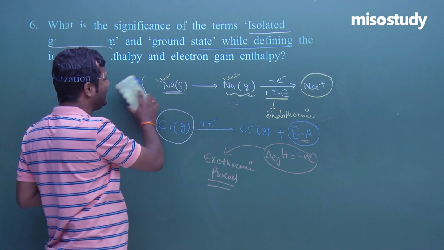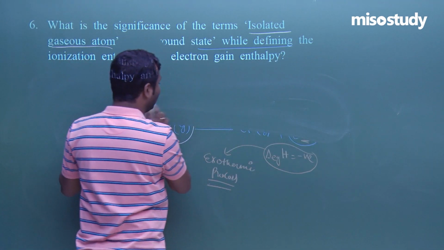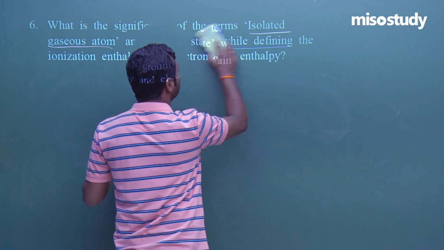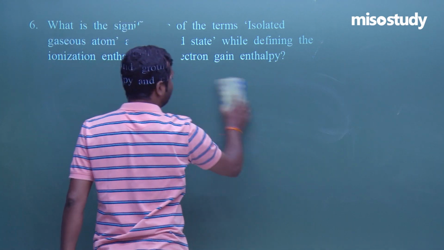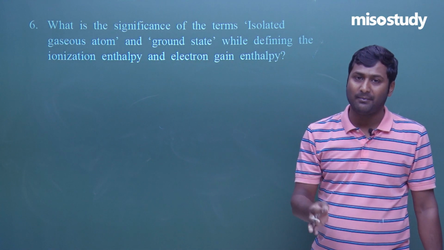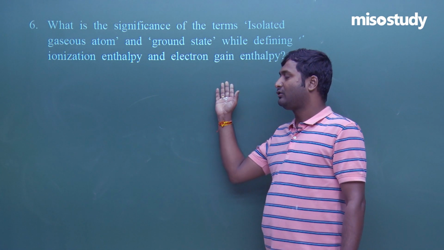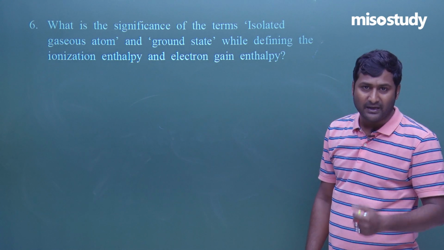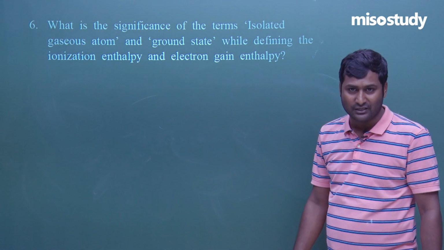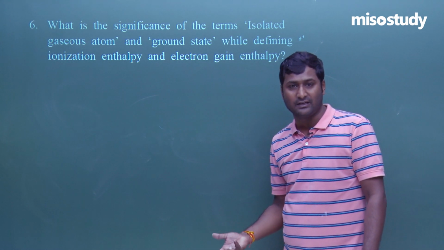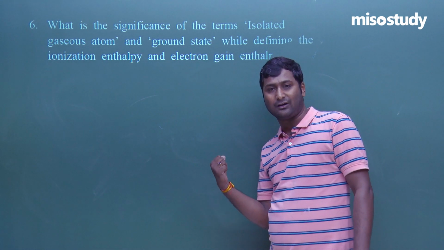But in dealing with ionization energy and electron gain enthalpy, we use what? The term isolated gaseous atom. An endothermic process, my friend, again I am repeating, is one in which there is a requirement of energy. In case of ionization energy, it is an endothermic process because there is a requirement of energy to release the electron.